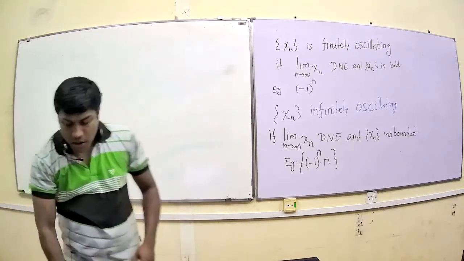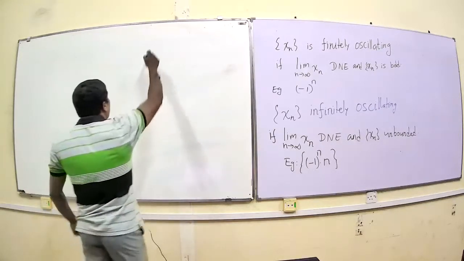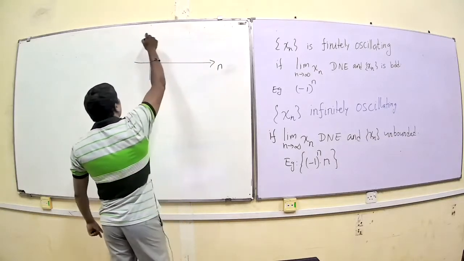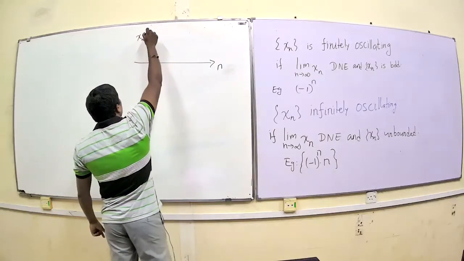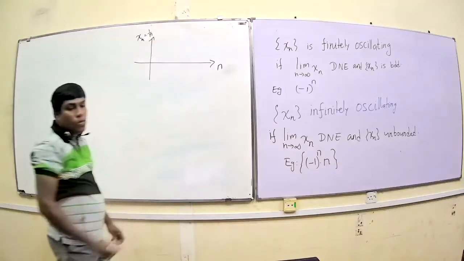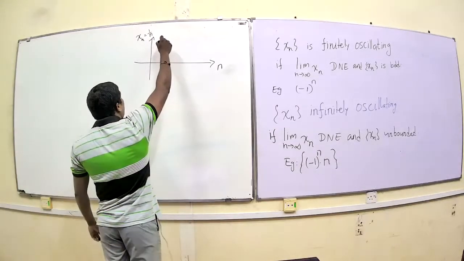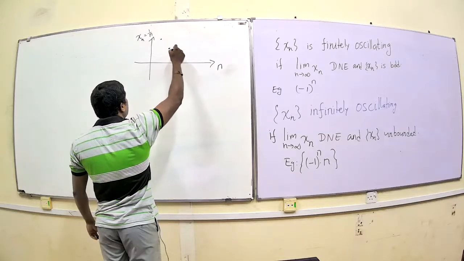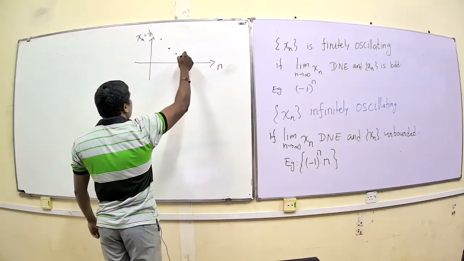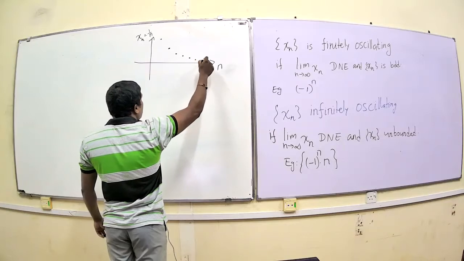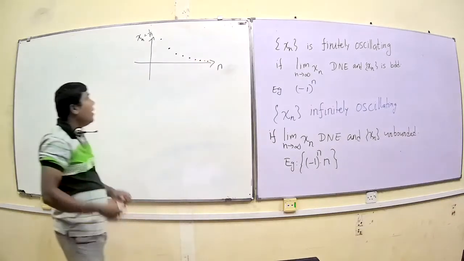So xn is equal to 1 upon n. You can see 1, 1 over 2, 1 over 3, 1 over 4, 1 over 5, 1 over 6, like that.